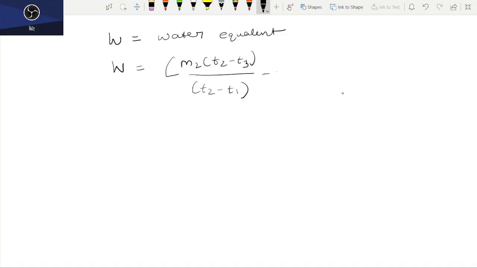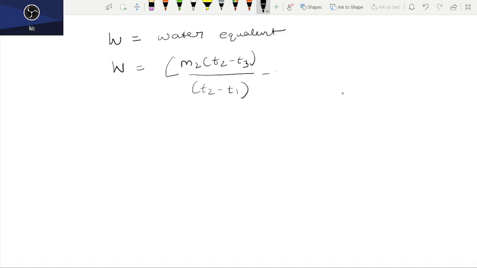At last, T2 is the higher temperature of known mass, indicated by M2. Whereas what is T1 here?